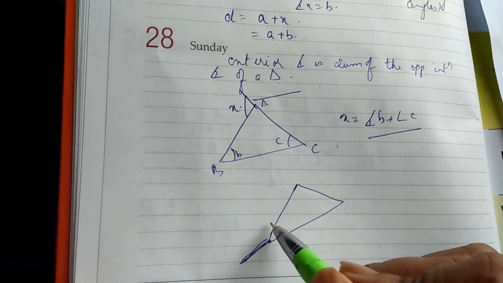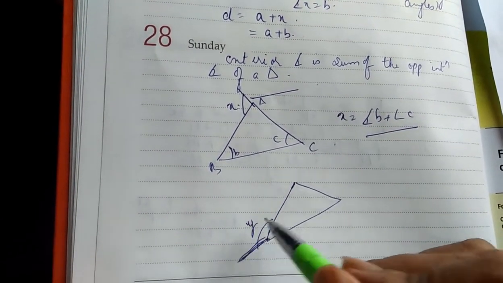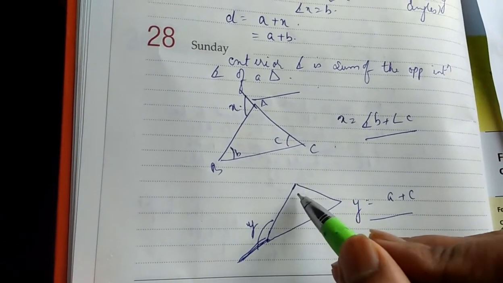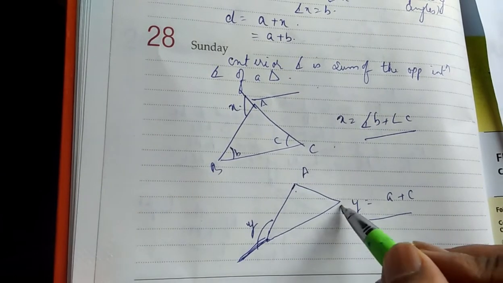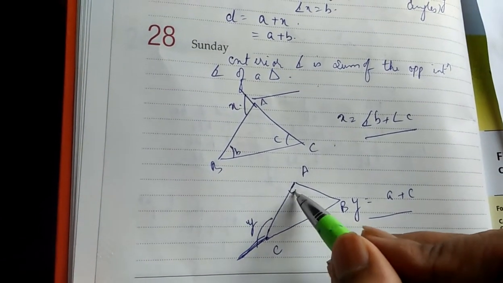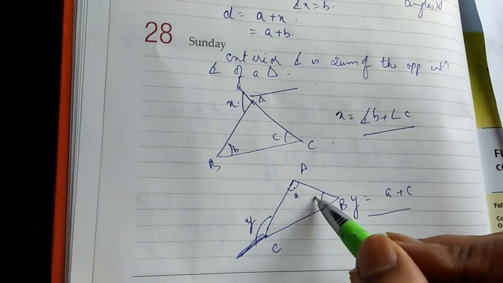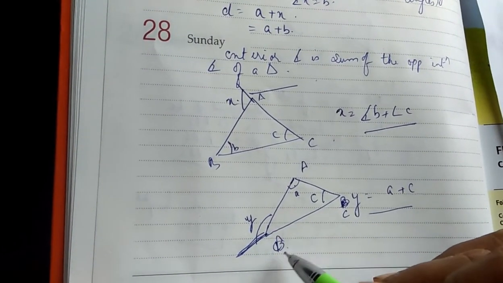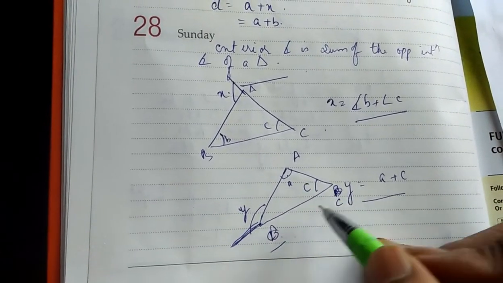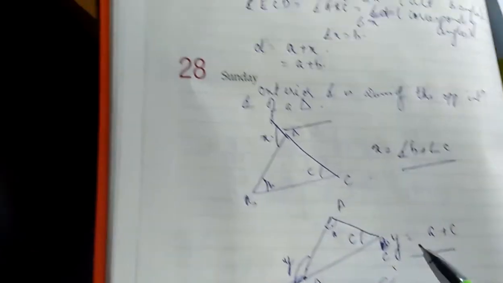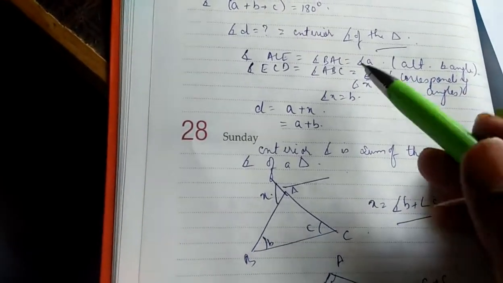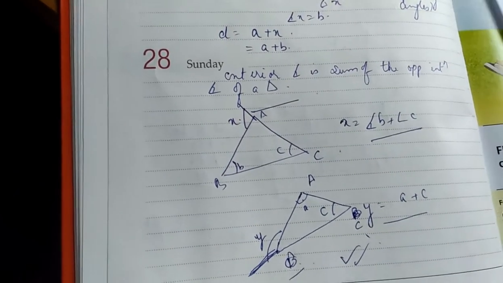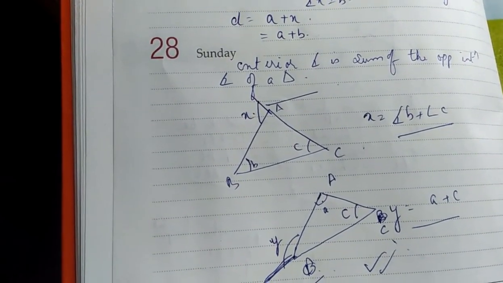This particular angle is y, so y is equal to angle A plus angle C. So A plus C, y is equal to A plus C. By these three triangles it should be fairly clear what is an exterior angle and what is the sum of opposite interior angles. You might get a few questions based on this.